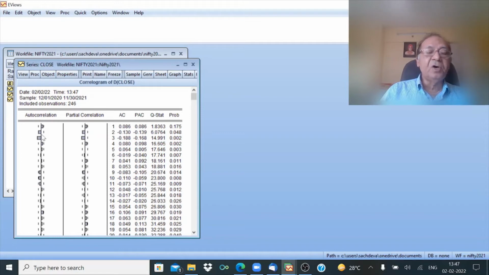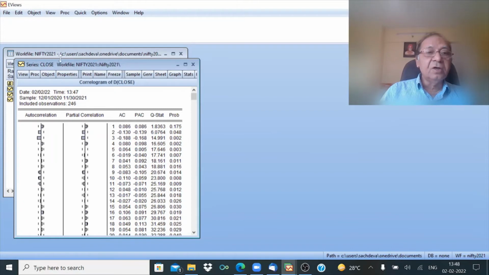Should we take the model ARIMA 212? ARIMA 212 we are not going to take, because our series is not stationary at level. It is stationary at first difference.